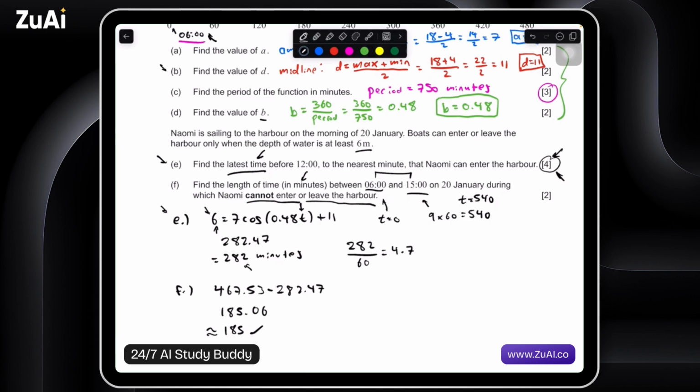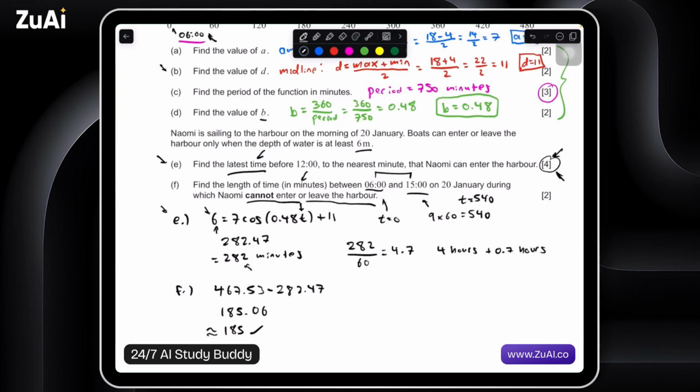But that's not quite enough. If we write this as 4.7 hours, it's 4 hours, and this 0.7 corresponds to 7/10, right? And 7/10 of an hour. Or let's just write 0.7 hours. 4 hours plus 0.7 hours.